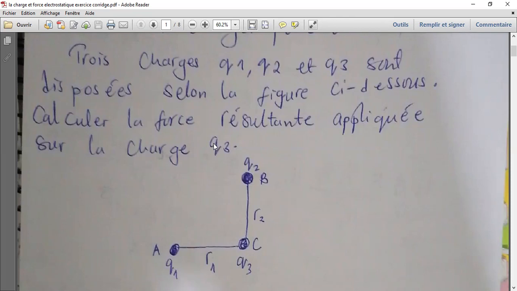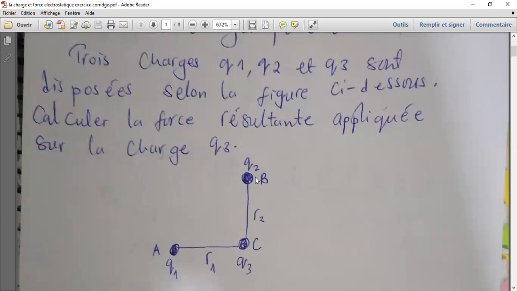So what does it mean when they ask you to calculate a force which is applied on charge 3? If I ask you a question, which charge is being affected? Since we have got 3 charges here, Q1, Q2, Q3, where is the force exerted? Is it exerted on Q3, or on Q1, or on Q2?